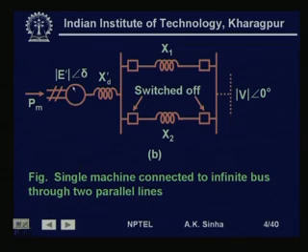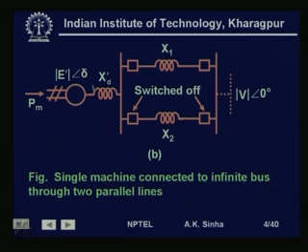So, this is what we have. We have mechanical input P m, which we have said earlier, we will consider to be constant for the period over which we are doing this analysis. The internal voltage of the machine, that is voltage behind the transient reactance of the machine, is E dash angle delta. X d dash is the transient reactance of the machine.